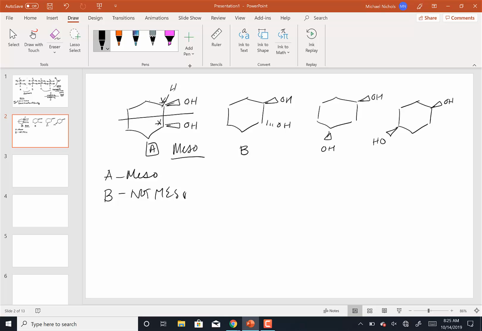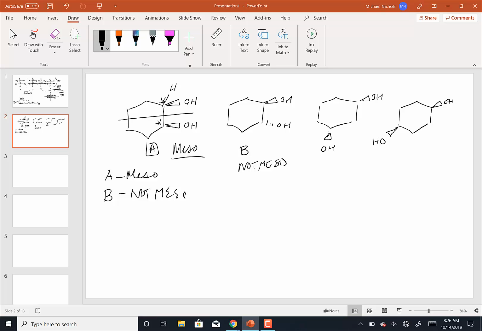Meso or not meso? Okay, I got 23 to 1 that it is not meso. Two chiral centers?